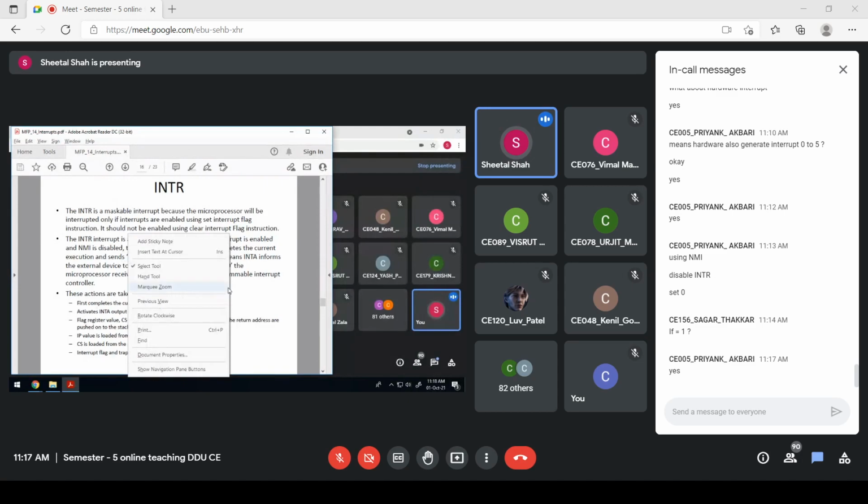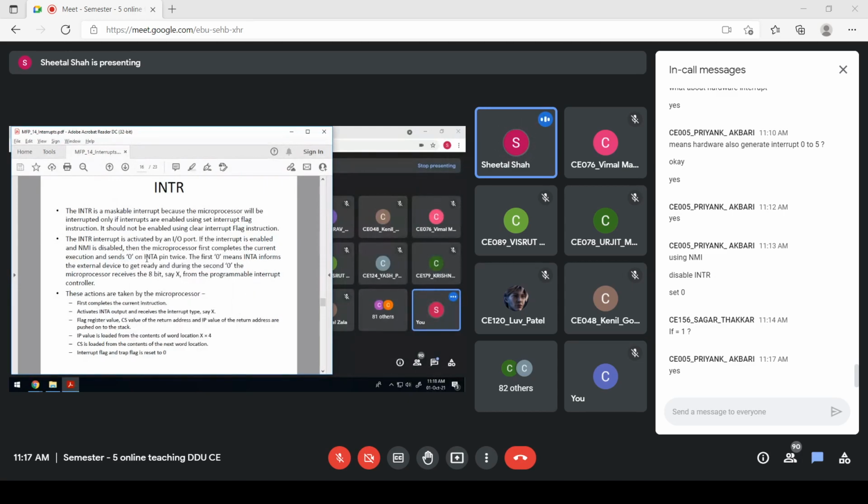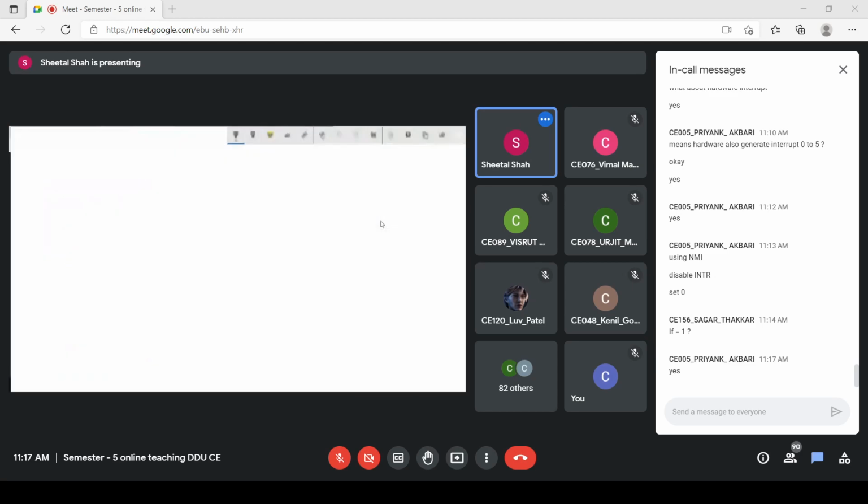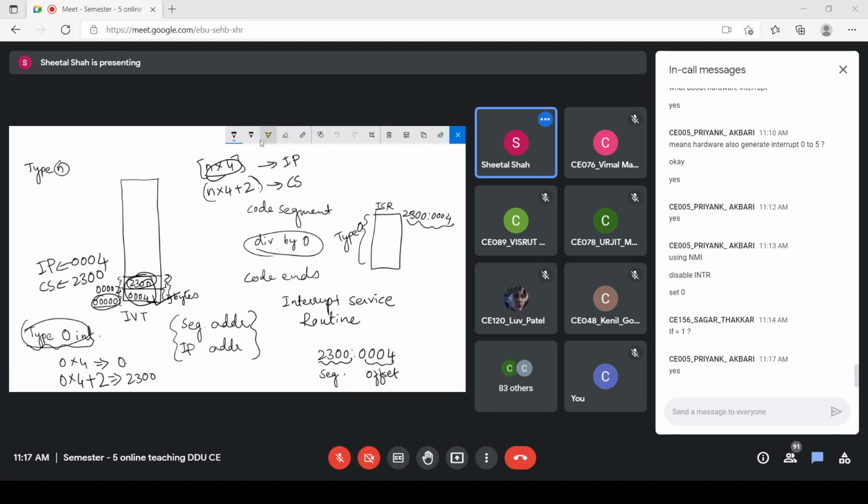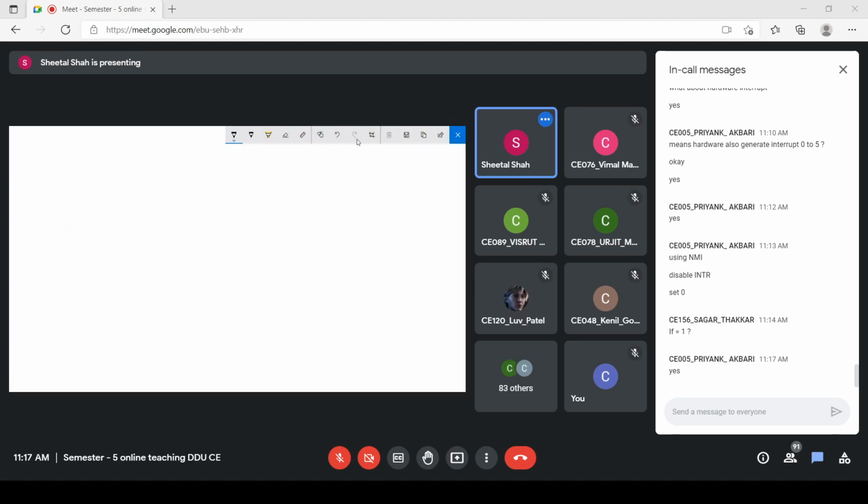In case NMI is disabled, the processor first completes the current execution and sends a low signal on the INTA pin twice. Are you getting this? It works something like this. Say this is my processor and this is my INTR pin.